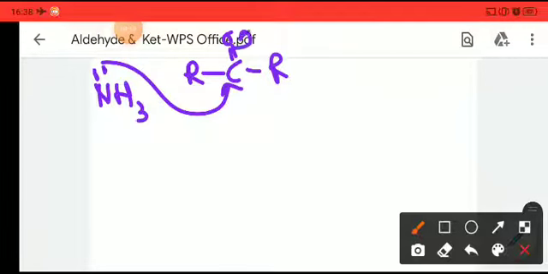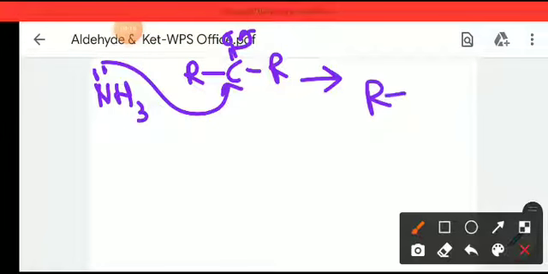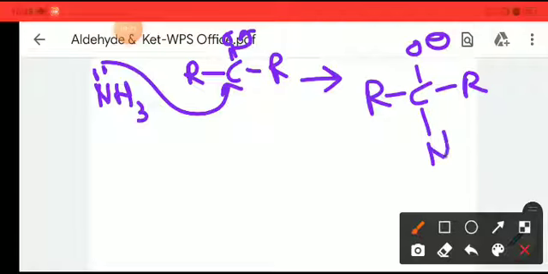This double bond will be broken and the bonding electron pair will move to the oxygen. So it will form R-C single bond O minus, R, and a single bond containing NH3 plus. Nitrogen can only form three bonds, but here nitrogen has formed four bonds, so one hydrogen will go away.